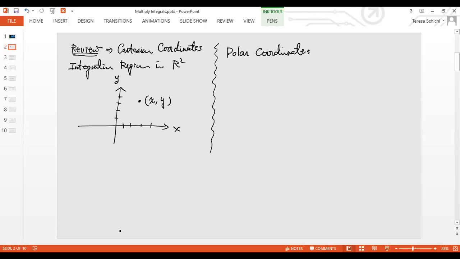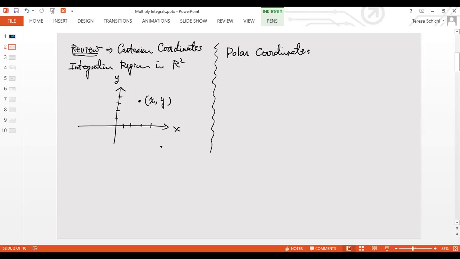We are trying to find a different way to simplify the integration. For certain types of functions, when you try to take the integration, if you change to the polar coordinates, it will be a lot easier, all right?